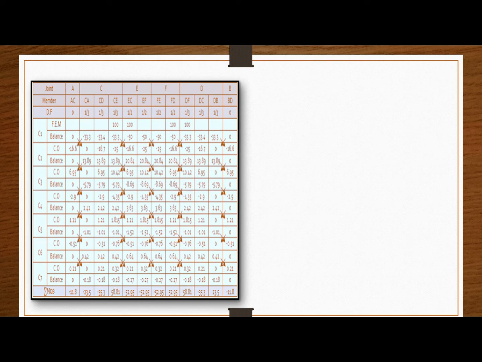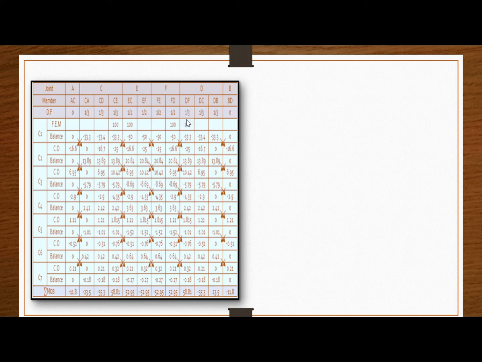So, this is our second table for figure 2. In-input natin ang fixed end moment natin na na-solve natin kanina from our previous slides, na-solve na natin yung apat na puro 100 positive.